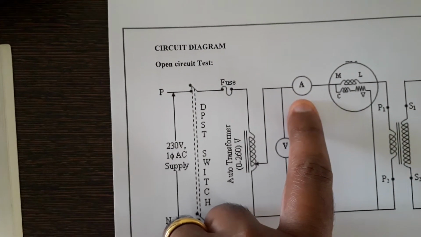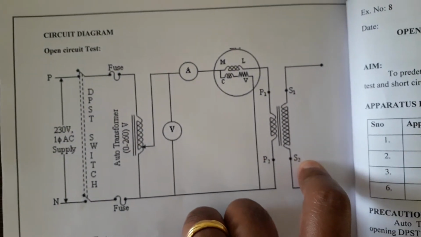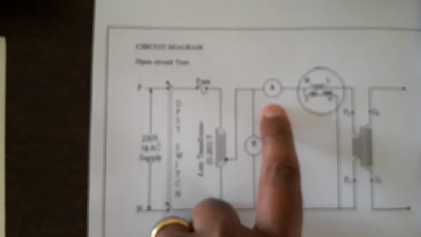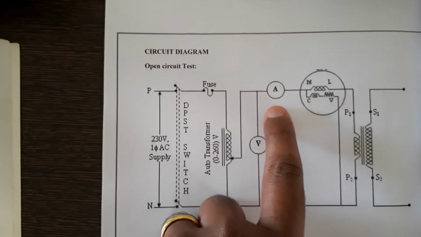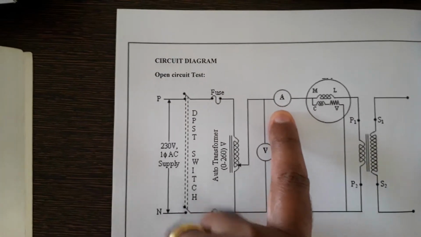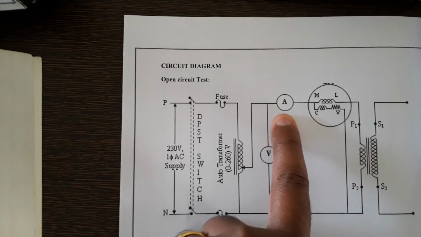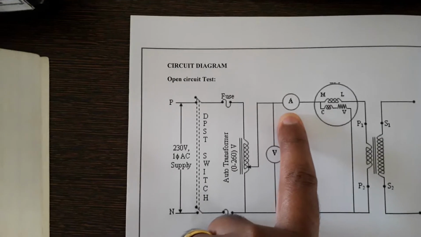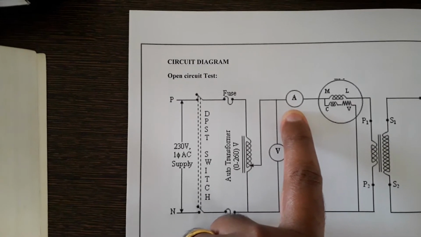We can use 0 to 1 ampere, because your secondary is open, so only the leakage current flows here. A very small value of current will flow in your ammeter, less than 1 ampere.